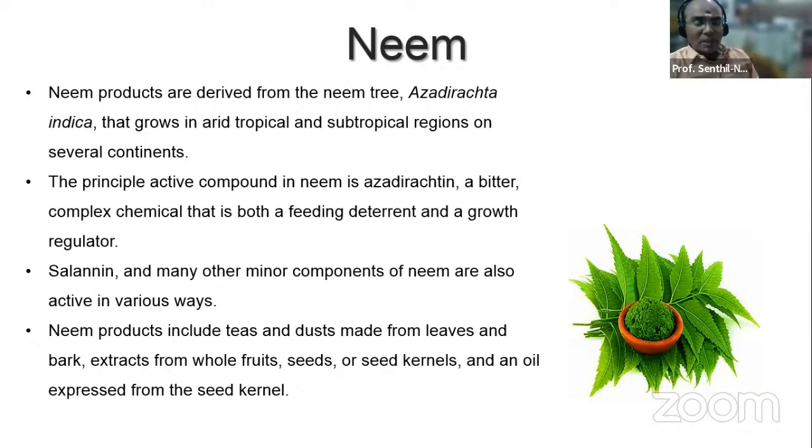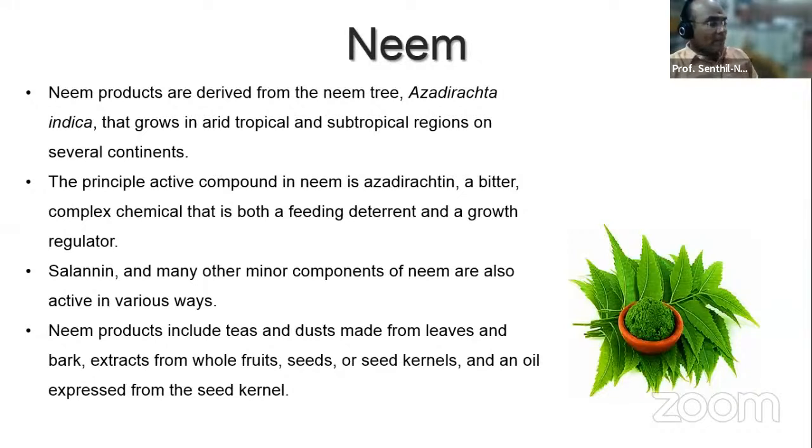The principal active compound present in neem is azadirachtin, a tetranortriterpenoid, chemically known as a bitter complex chemical, both a feeding deterrent and growth regulator. Salannin and other minor components in neem also have insecticidal activity. Neem products include teas and dust made from the leaves and bark, extracts from the whole fruit, seeds and seed kernel, and an oil expressed from the seed kernel.